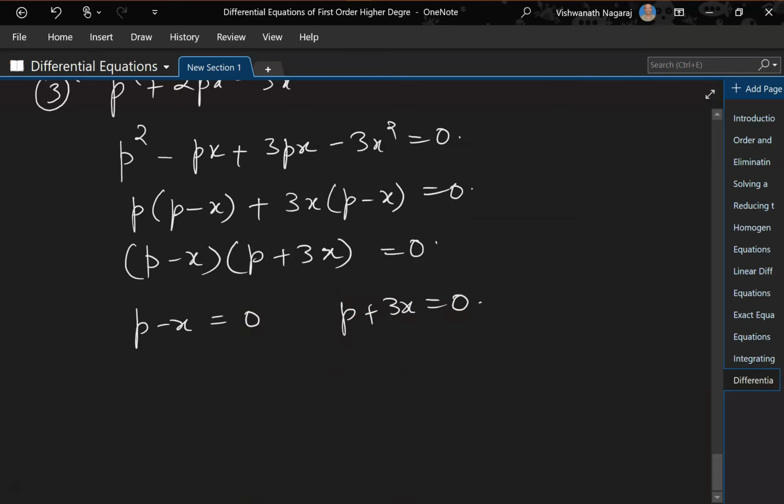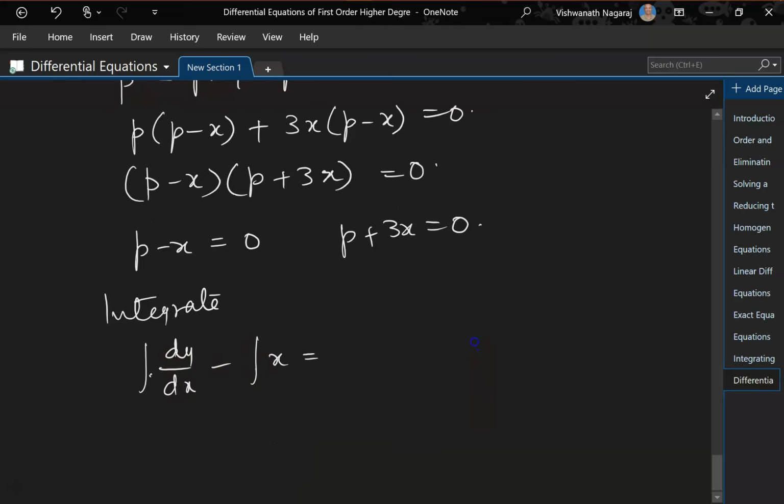Now we integrate. So this would be the integral of dy by dx minus the integral of x is equal to c1. This would be the integral of dy by dx plus 3 times the integral of x is equal to c2.